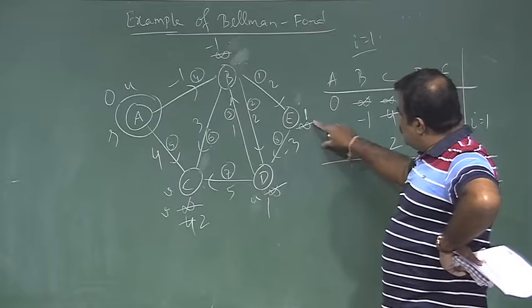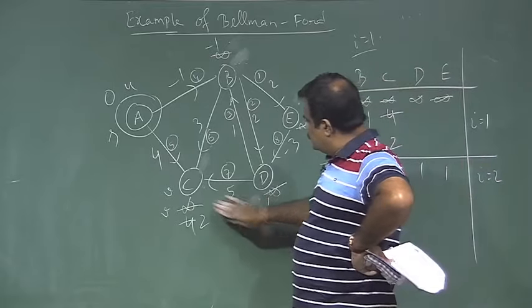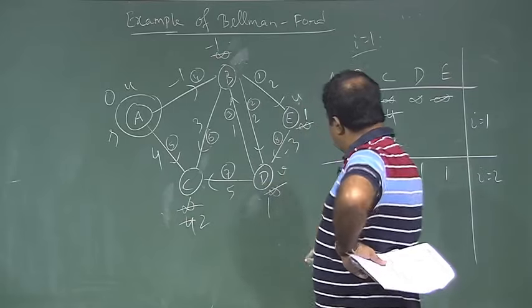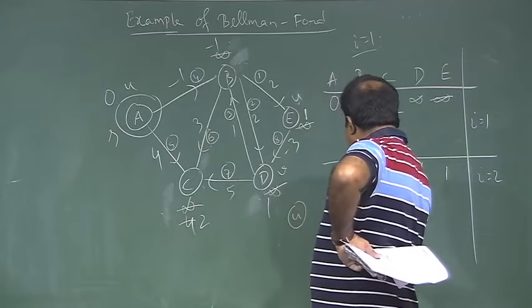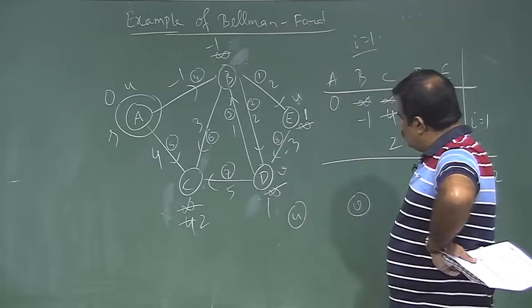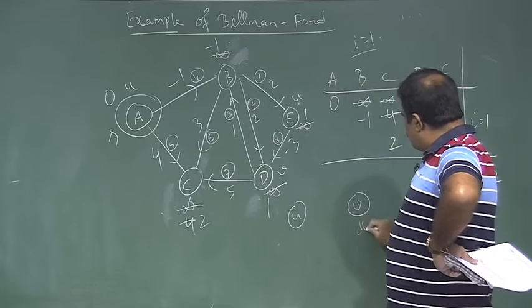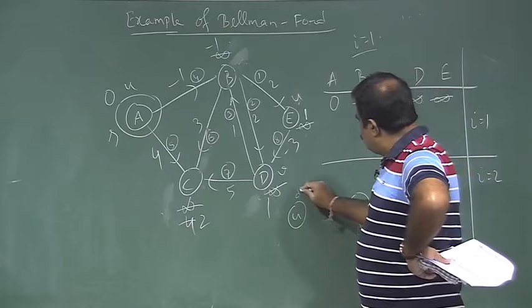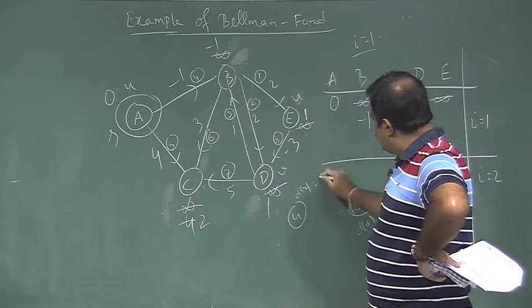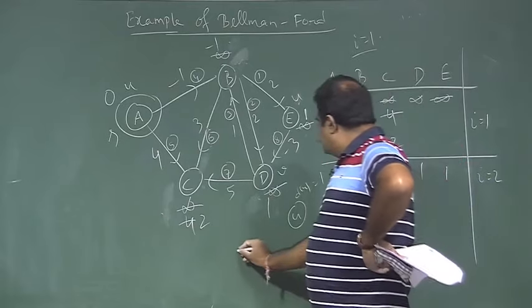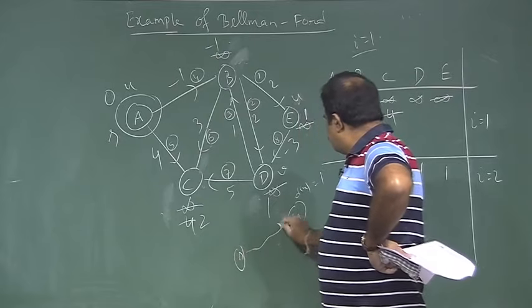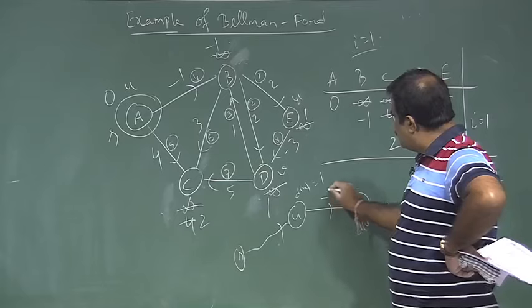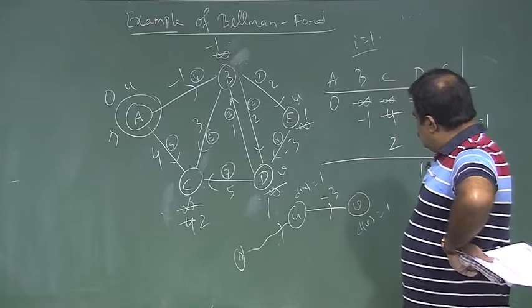Then edge number 8. This is u, this is v. We have to check whether we can relax this v. The distance of v is now 1. What is the distance of u? The distance of u is 1. So we have a path from S to this with a cost 1. Then what is the direct edge? It is minus 3.